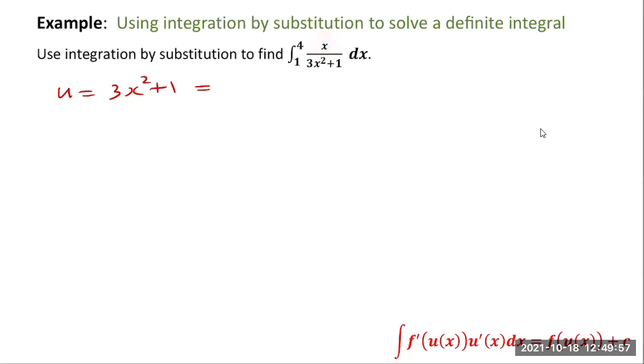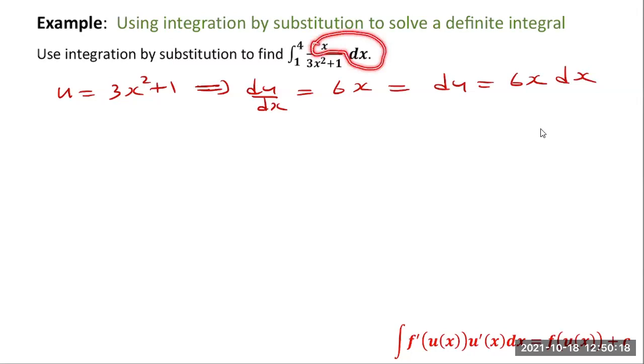So if I take this to be my u of x, du over dx would be equal to 6x. From here, I get du is equal to 6x times dx. Notice that here I have x times dx, not 6x times dx. So I'm sending this 6 to the other side. 1 over 6 du is equal to x times dx.